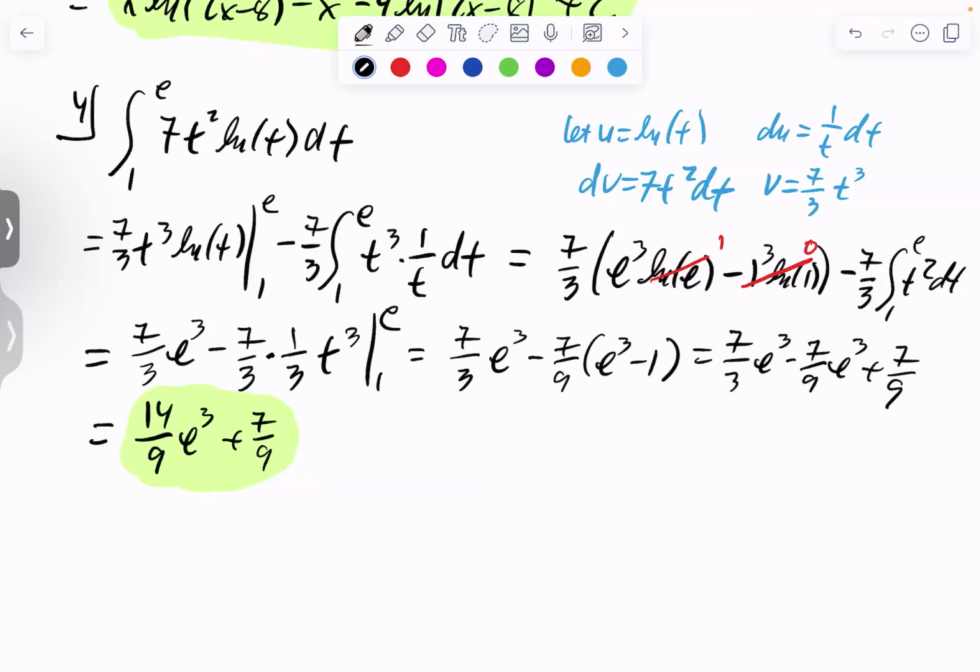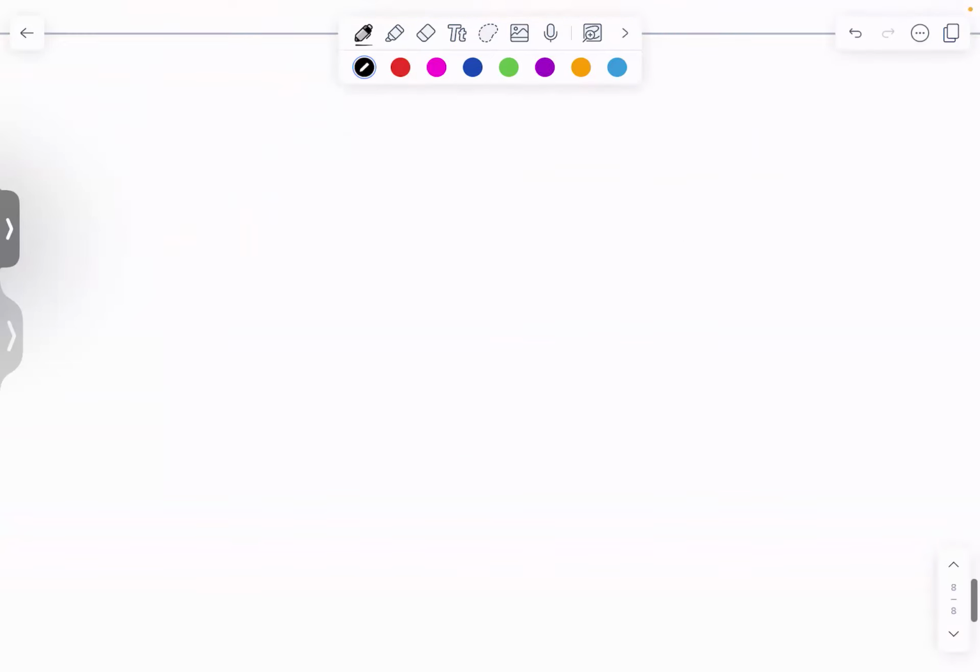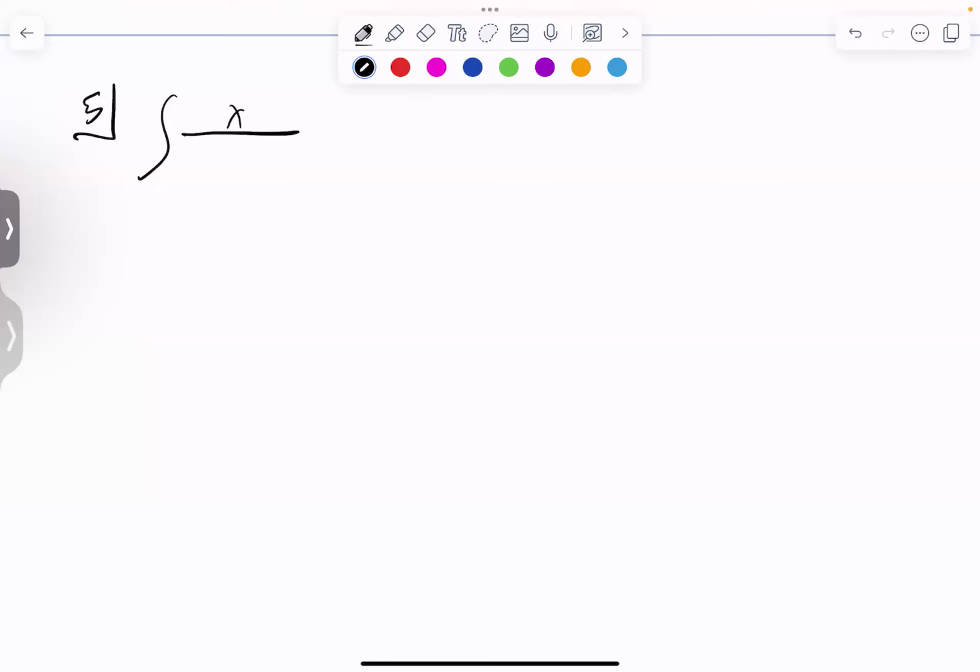And for our last one that we're going to be doing, number 5, we have the integral of x over square root of x to the 4th plus 16. And before I get going on this, I'm going to notice we don't have an x to the 4th.